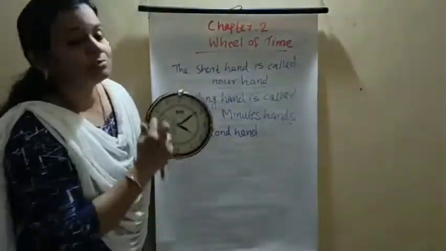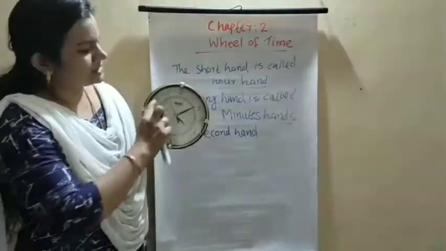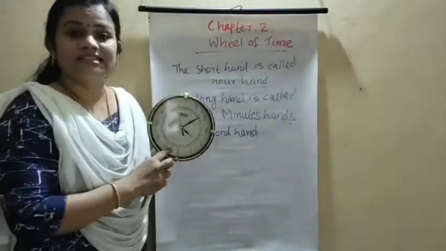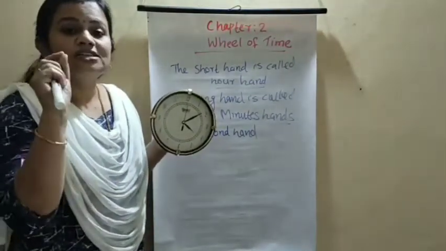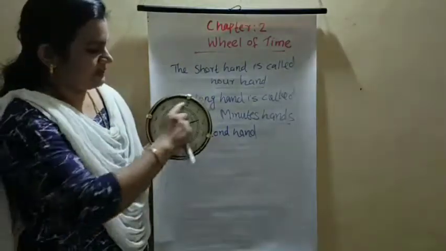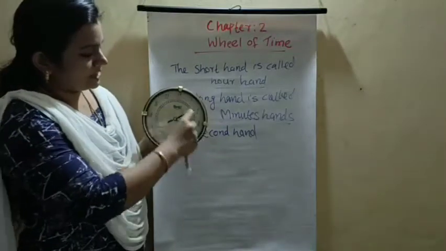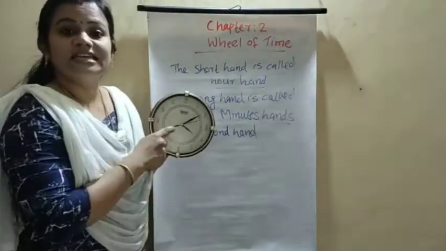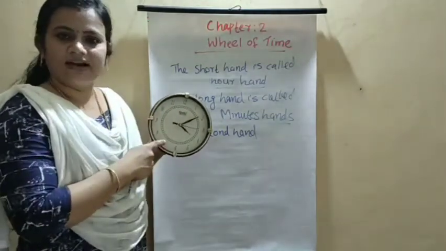How many small lines are there? There are 60 small lines. 60 small markings are here. Understood?